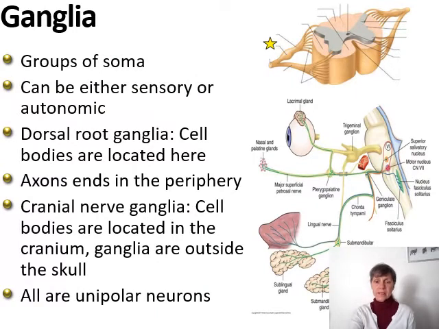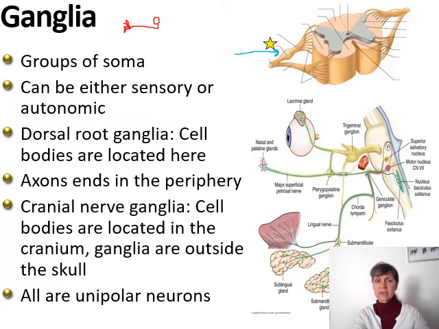We know that ganglia are simply groups of soma or neuron cell bodies, which is why the structures have an enlarged appearance. Here we have a dorsal root ganglion on this side of the spinal cord, and you'll notice one on the other side as well. Ganglia can either be sensory or autonomic in function, and with these sensory unipolar neurons, you'll remember that there are sensory endings, and there's a fiber with that unipolar attachment.